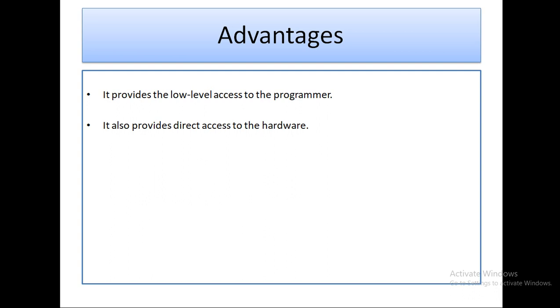But in unmanaged code, because you have to do everything manually, even the memory allocation, you have the low level access. It is an advantage if you are working on an embedded system application development project.